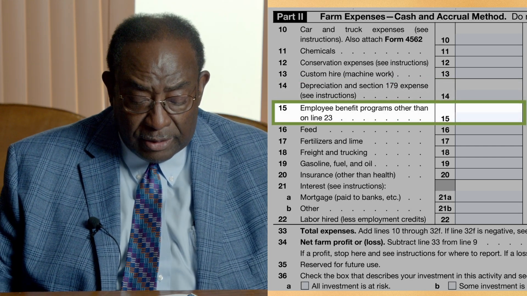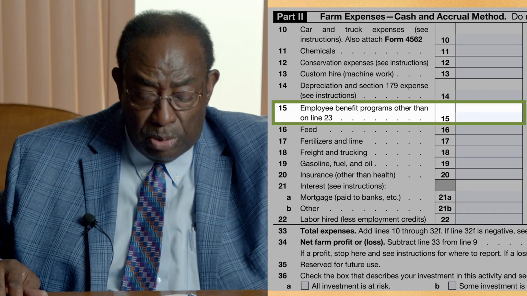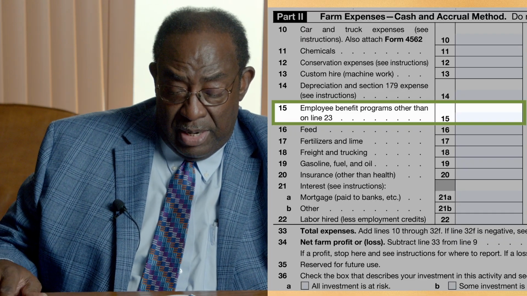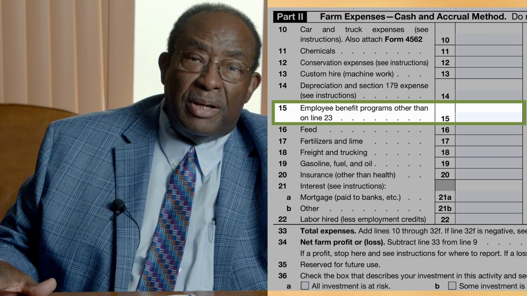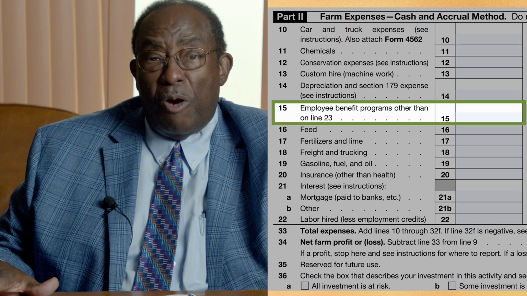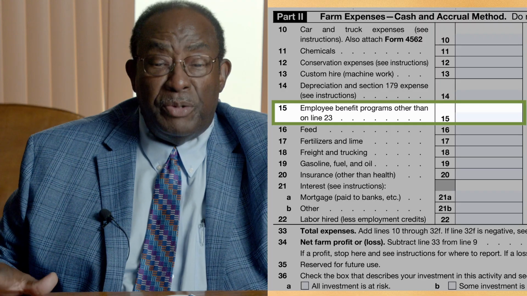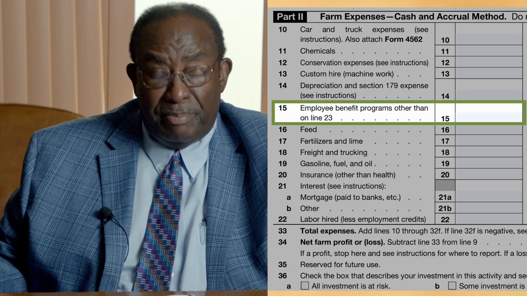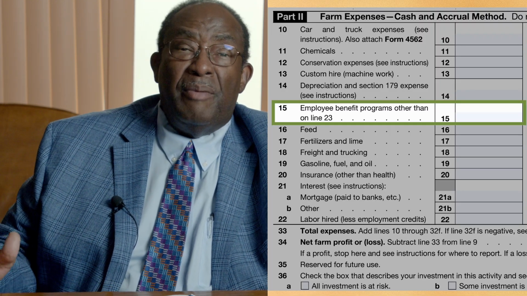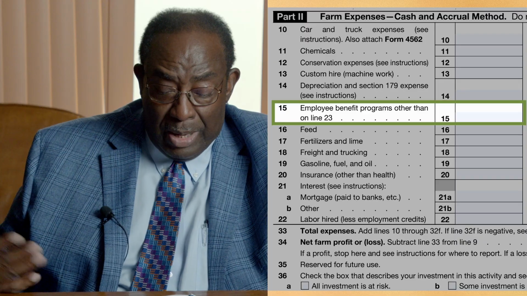The next thing is line 15, employee benefit programs. Now that's hard to understand because for small farmers and growers, you probably don't have any employees. But if you do, you have a benefit program, a retirement program for them, that will go right there on line 15.